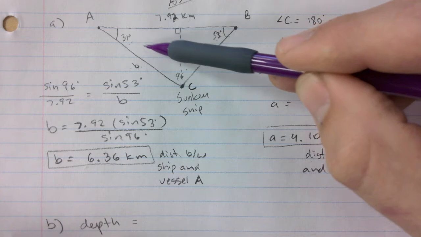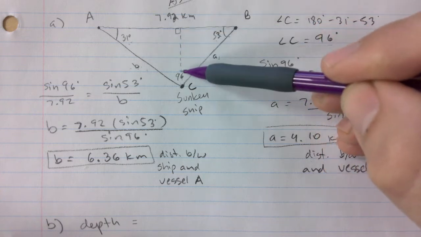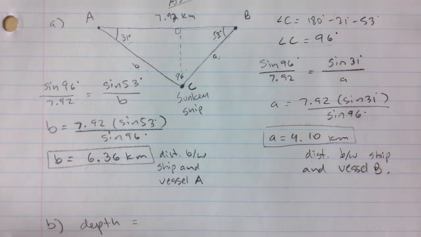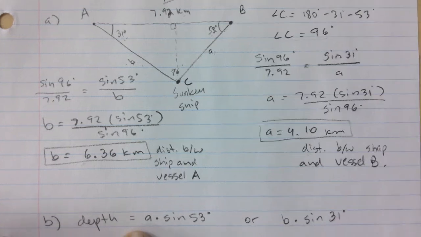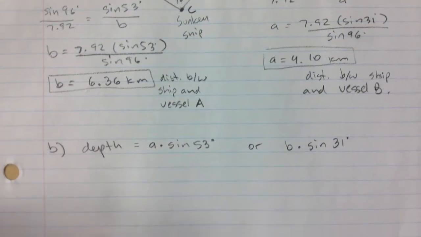If you travel out from this angle, boom, you get the height there. Both of them will give you the same number. It's going to be A times sine of 53 or B times sine of 31. You have choices there.